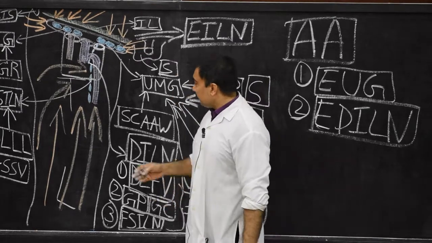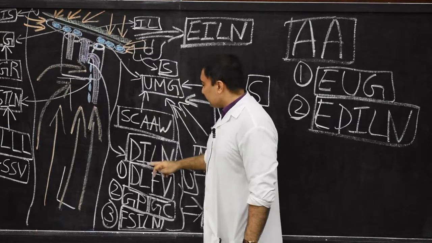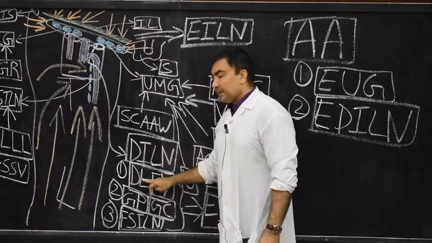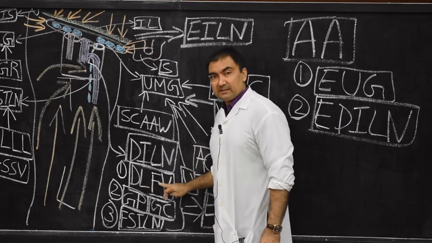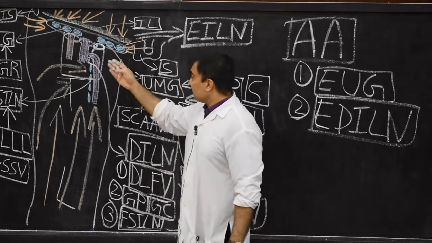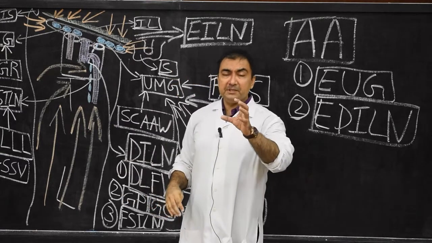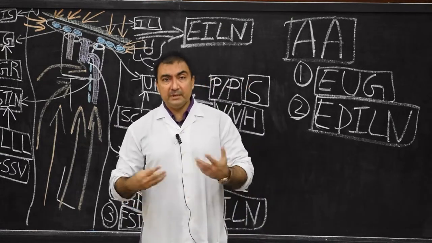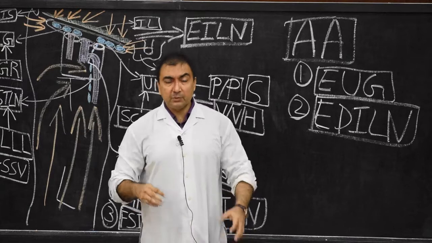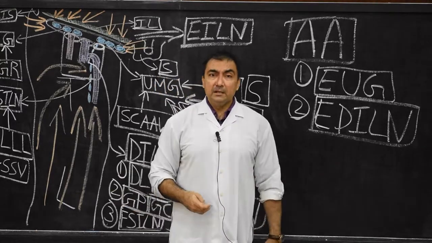Their area of drainage will be mainly the deep lymphatics of the femoral vessels, that is the deep lymphatics of the lower limb. So in cases of enlargement of deep inguinal lymph nodes, infection can be spread from the lower limb. That is what a doctor can diagnose in case of enlargement of the deep inguinal group of lymph nodes.